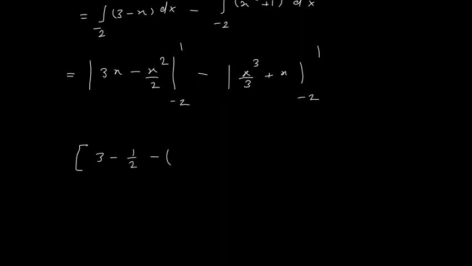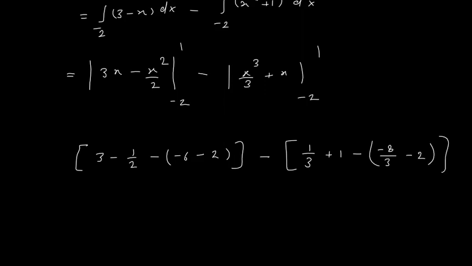Then I will subtract, minus, here it is minus 6, and this will become minus 2 square is 4 upon 2 is 2, minus 2, minus, here we will get 1 upon 3 plus 1 minus 2 cube is minus 8 upon 3 minus 2, this we subtract.